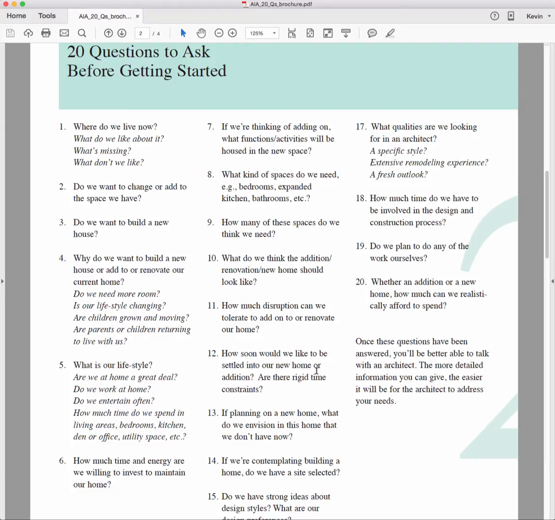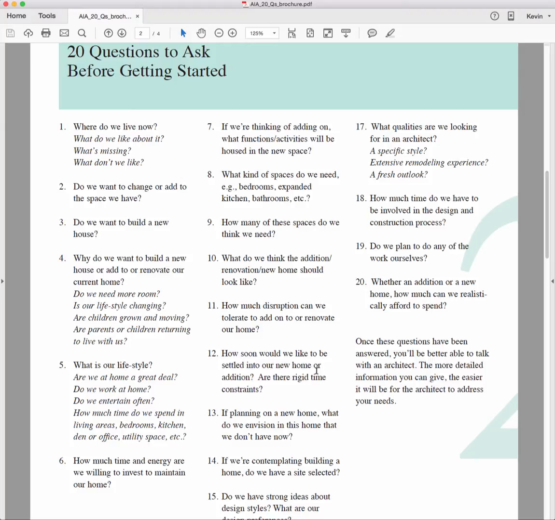They have a bunch of questions that has the potential client getting in touch with what their needs are. Where do we live now? What do we like about it? What's missing? What don't we like? Do we want to change or add to the space that we have?